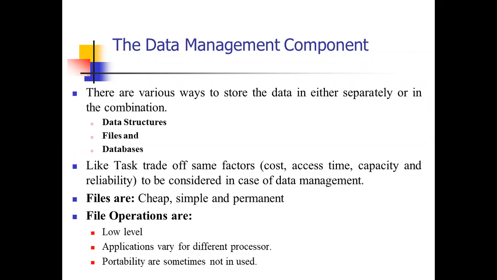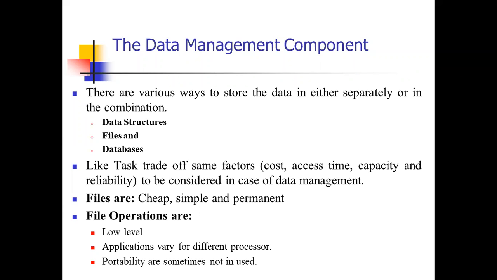There are various ways to store the data. We can store the data separately or in combination, using data structures, files and databases. The same kind of trade-off applies, with factors like cost and access time.